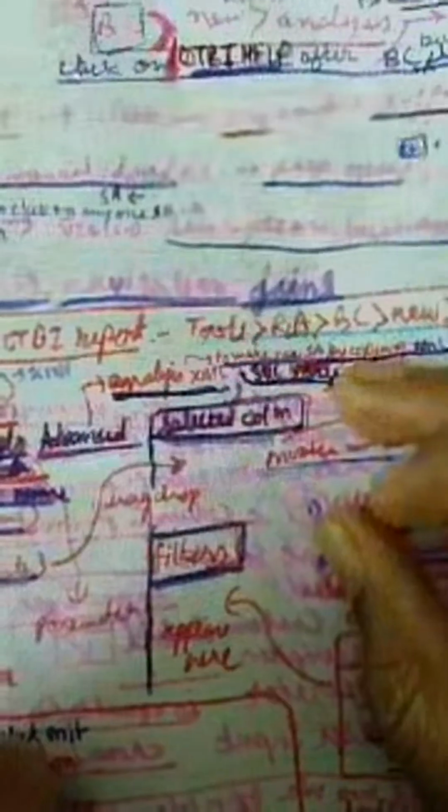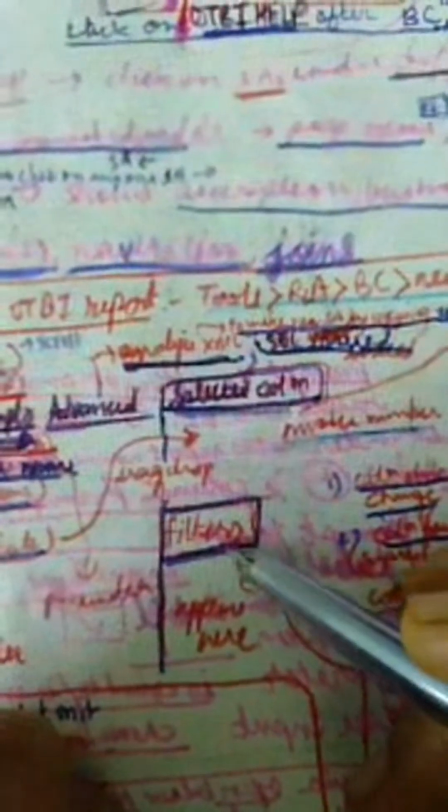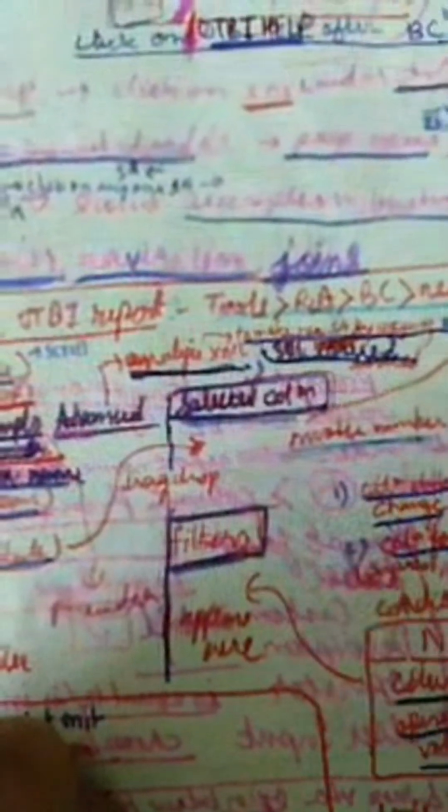Then we have the advanced tab. It has two sections: one is analysis XML, and the second is SQL issued. Analysis XML is whatever data is selected here and whatever is done on the data, for example a filter, column or table prompts, or conditional formatting.